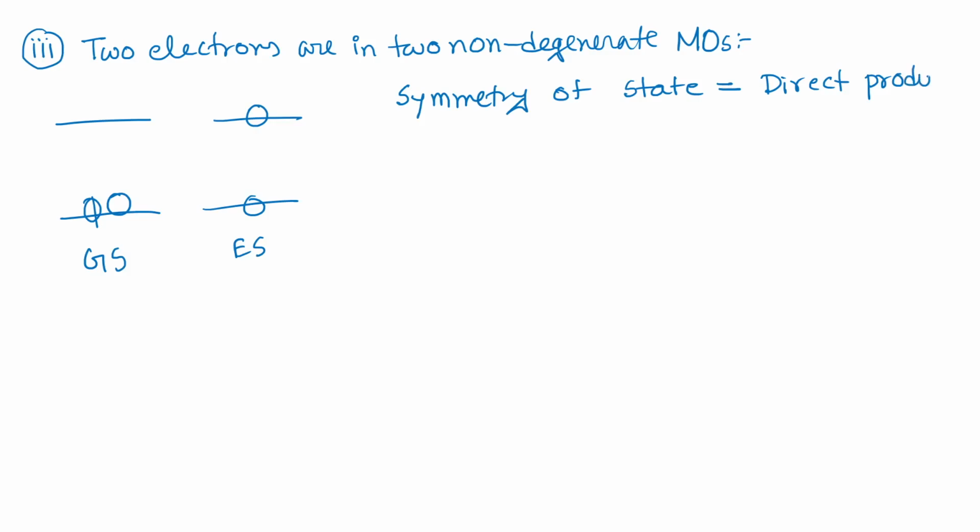Direct product of the symmetry of these two unoccupied, non-degenerate MOs. So we are now convinced that in most of the cases we have to do a direct product of the unoccupied MOs.